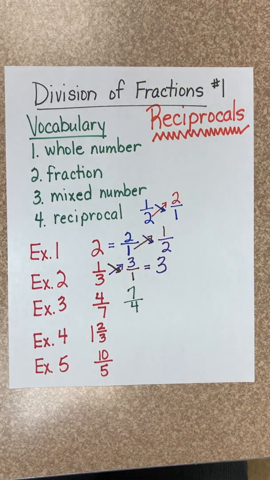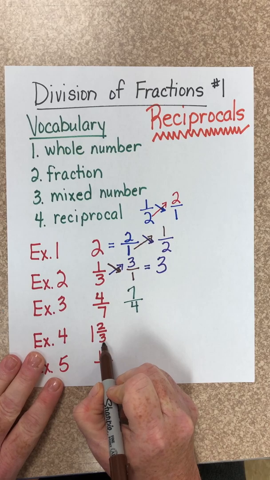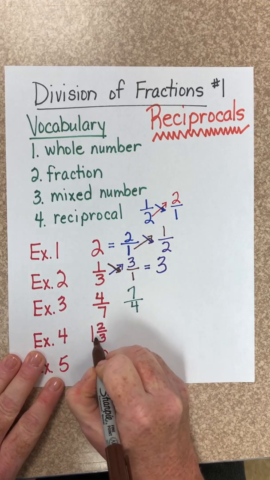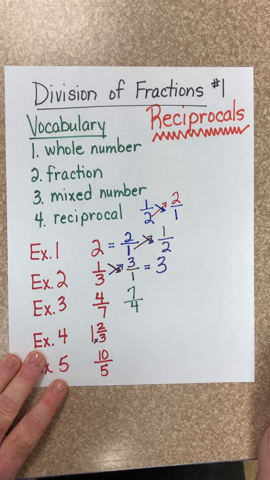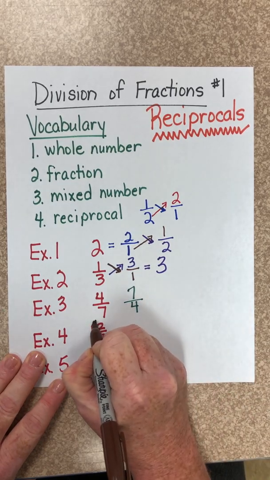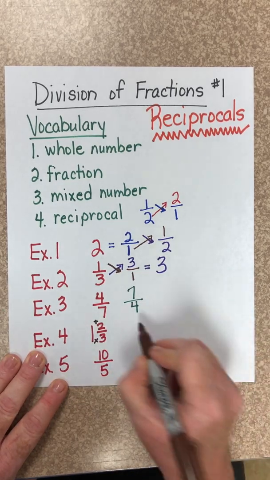Now let's look at example number 4. Example number 4 is a mixed number. Well, to find the reciprocal of a mixed number, we have to turn it into a fraction, not a whole number in a fraction. So to do that, we are going to start with the denominator, which is 3, multiply by 1 to get 3, and then add the numerator to get 5.